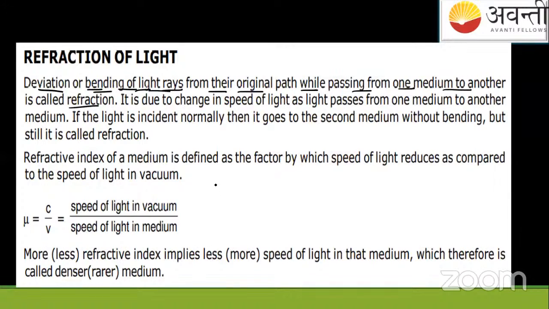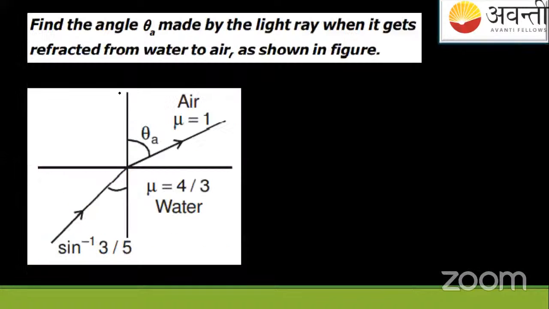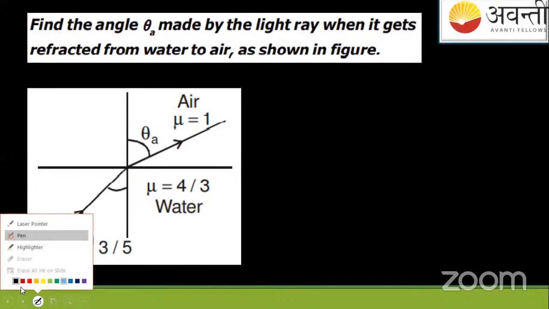Okay, this point I'll explain on this question. Let us conclude here only. Suppose you're having a boundary like this, which is separating 2 surfaces. This is, suppose, air or vacuum.